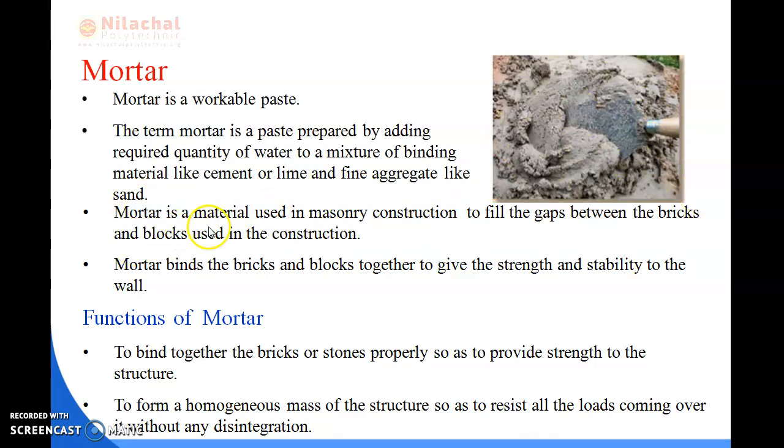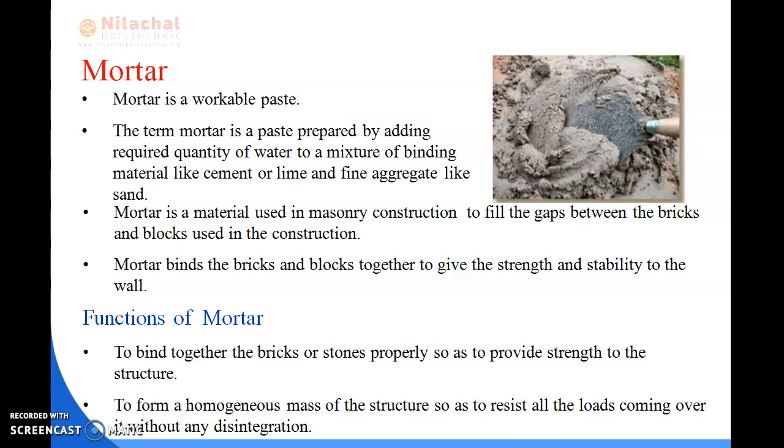Next, mortar is a material used in masonry construction to fill the gaps between the bricks and the blocks used in the construction. While constructing any house or wall, between two bricks the mortar is placed.